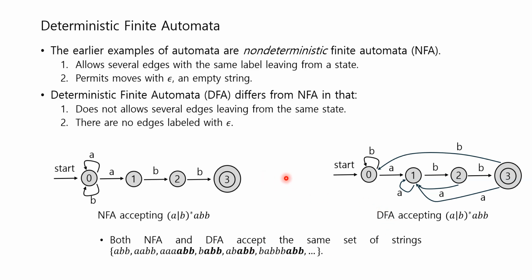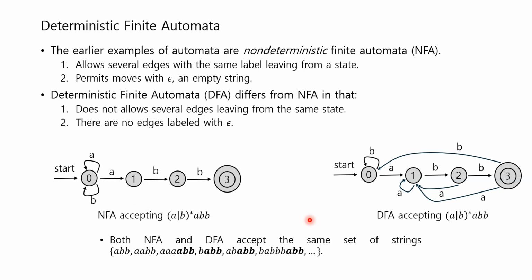And the difference between them is that on the left it has two edges leaving from the same state 0, but on the right the DFA does not have more than one edge leaving from the same state.